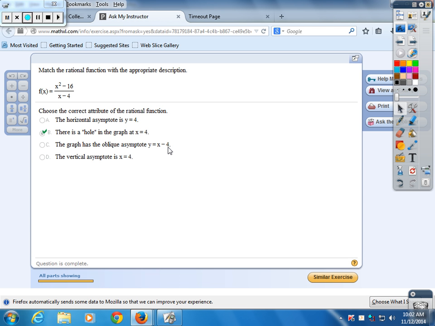Because 4 minus 4 is 0, and 0 cannot be in the denominator. So that's why there is a hole. Why isn't it a vertical asymptote? Because you can factor this and get rid of the x minus 4. So it's just a hole. If you can get rid of the x minus 4, it will not show up as a vertical asymptote. It will show up as a hole. Okay?